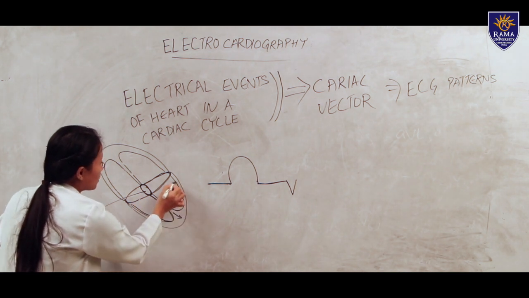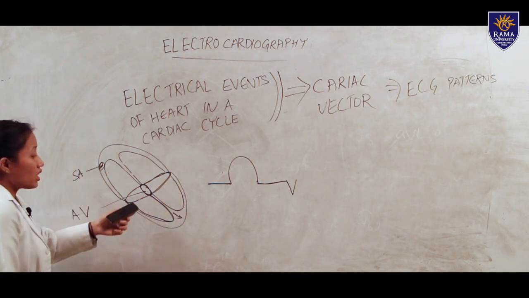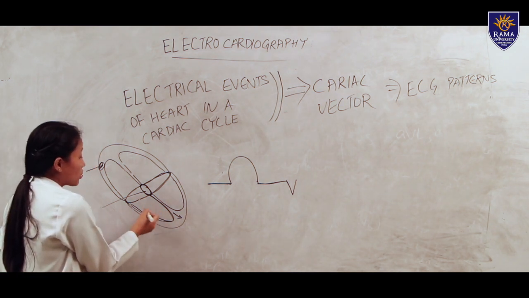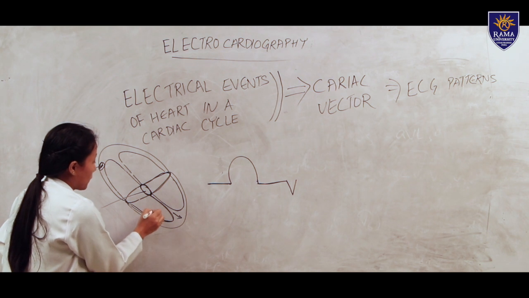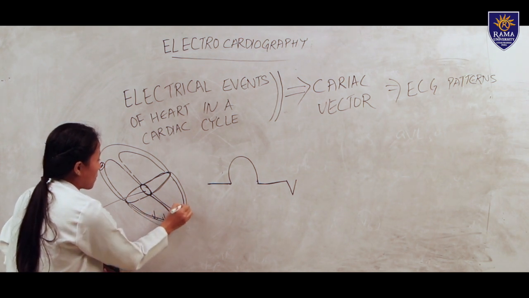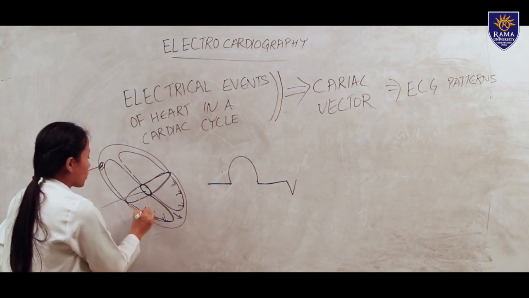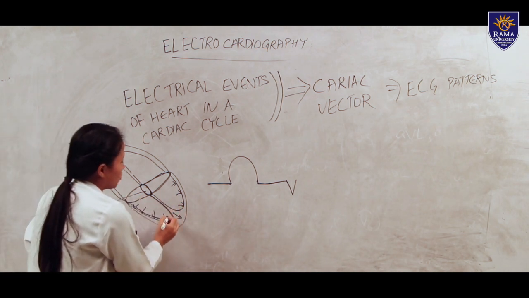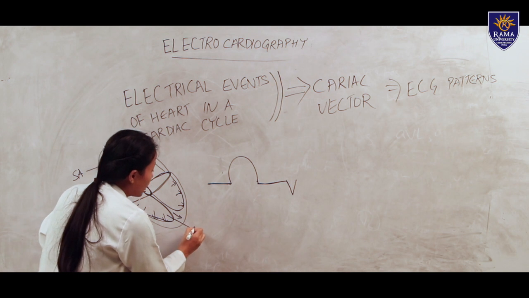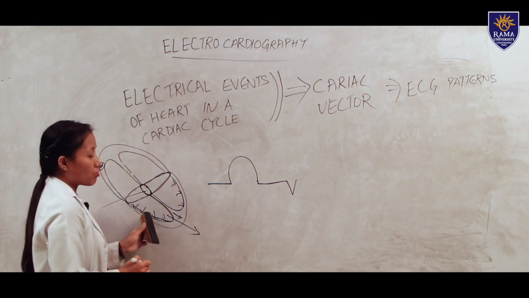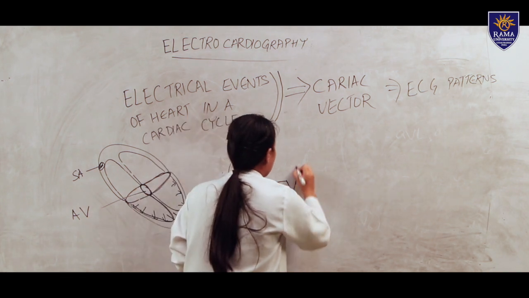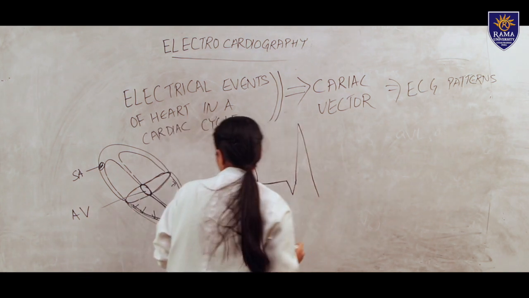This major part of the ventricle will be depolarized. All the parts of the ventricle will be depolarized. For the net velocity, it will be in a downward and leftward direction, and will form an R wave. It will be quickly reflected.